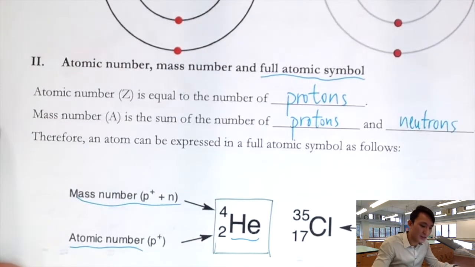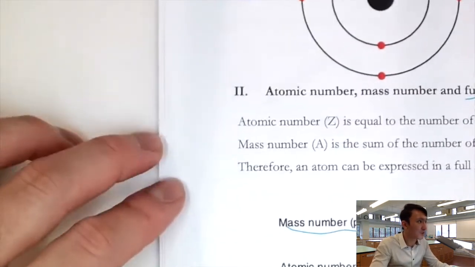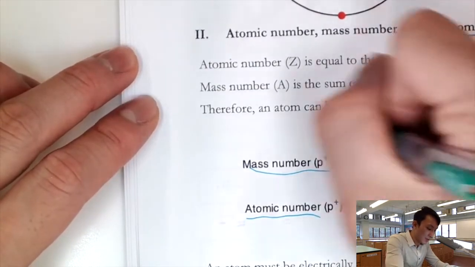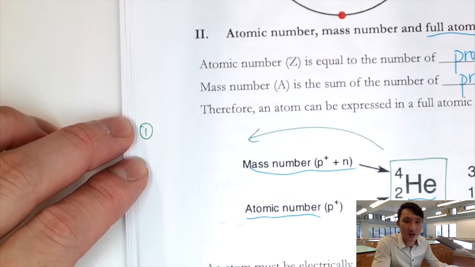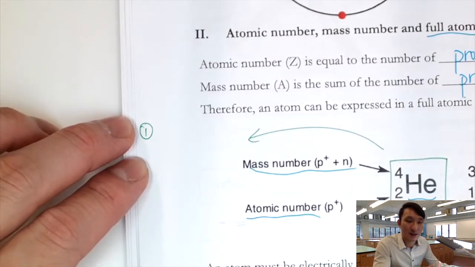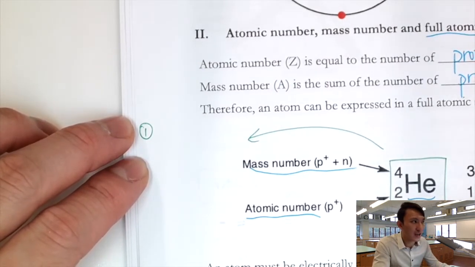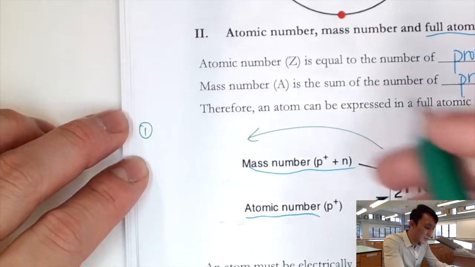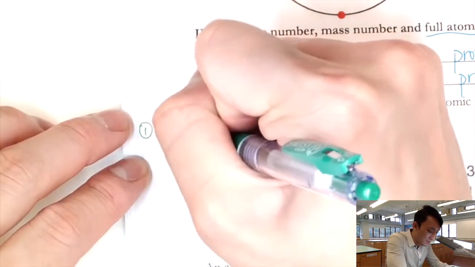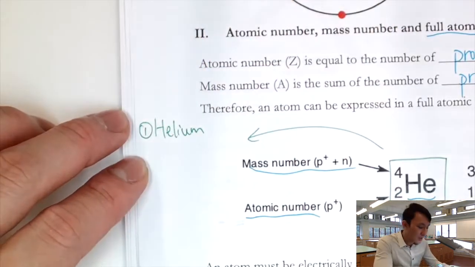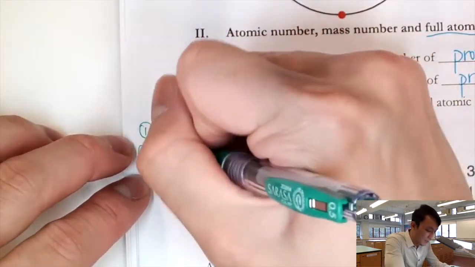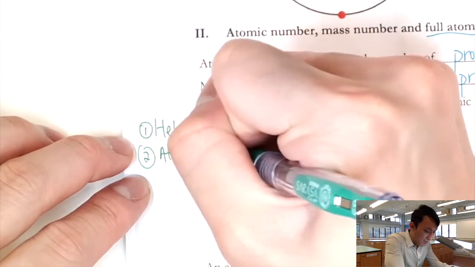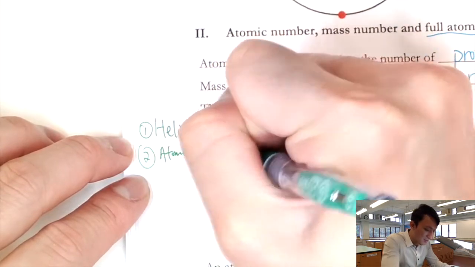The first thing you're going to know, I'm going to jot down some notes here, related to this, is the chemical name or the corresponding element. Like which element does this atom belong to? This one is helium. Okay, helium. So the second thing we know is the atomic number. So the atomic number is 2.